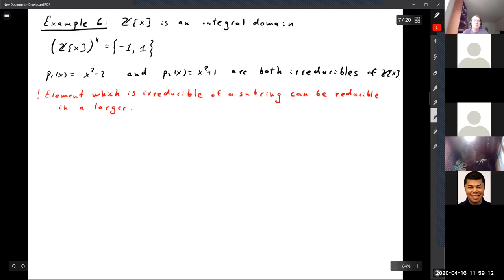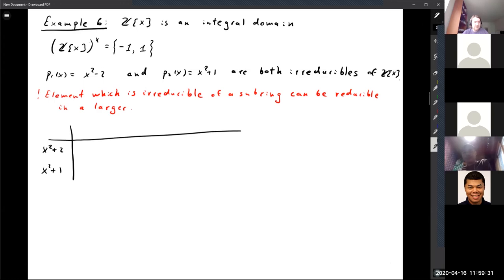One example was when we factored the prime number 5 as the product of 2 plus i and 2 minus i. But in the polynomial ring, let's look at these polynomials P1 and P2, x squared minus 2 and x squared plus 1. Over the ring of polynomials with rational coefficients, both are irreducible.